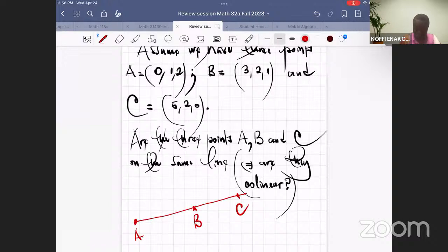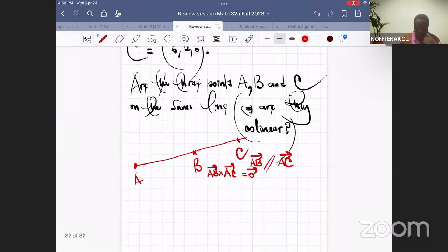If they were on the same line, we would have the vector AB and AC parallel, or you could choose another, let's say AB and BC parallel. Which means the cross product AB with AC will be equal to the 0 vector.